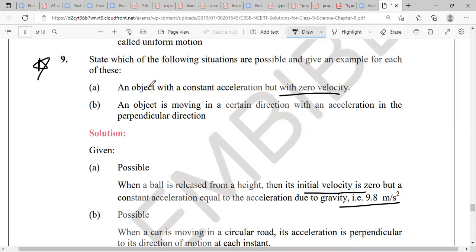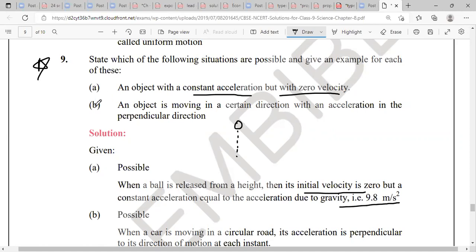So this situation is possible: you have constant acceleration but zero velocity. If from a height you make a ball fall, of course its velocity is zero initially, but it has constant acceleration. It's moving downward due to gravity, so its acceleration will be 9.8 meter per second squared. Okay, clear?